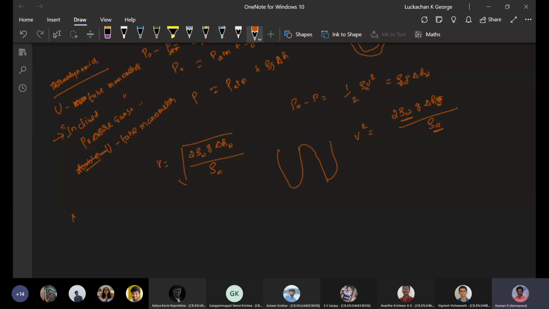Look at its surface tension: higher or lower surface tension, and why? Just look at that, and we will go ahead.